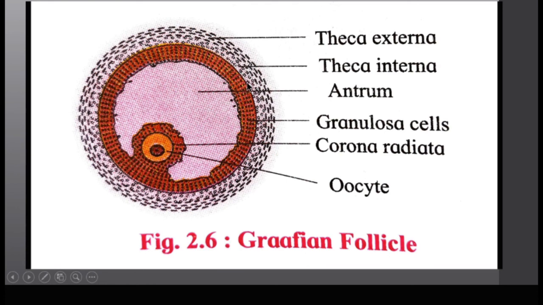Theca interna contains secretory cells which secrete different types of substances, and these substances are poured into this antrum. So this is the antrum or antral fluid which is generally secreted by the granulosa cells. So this is the Graafian follicle.